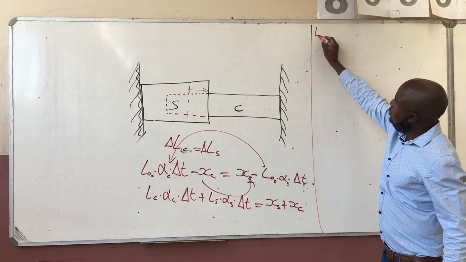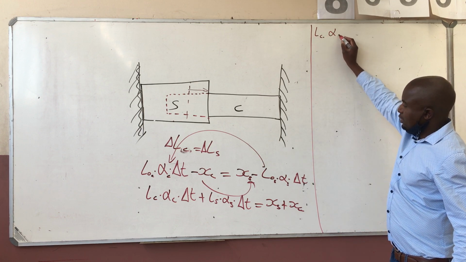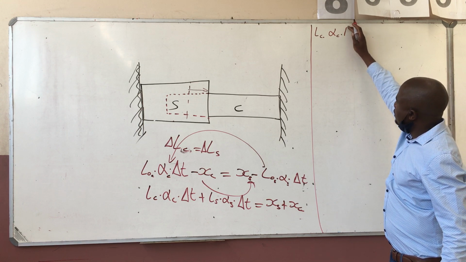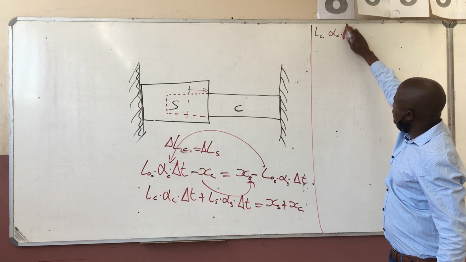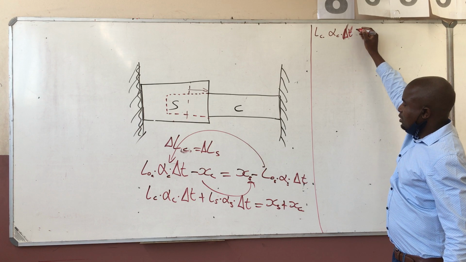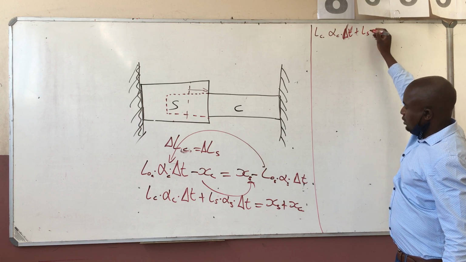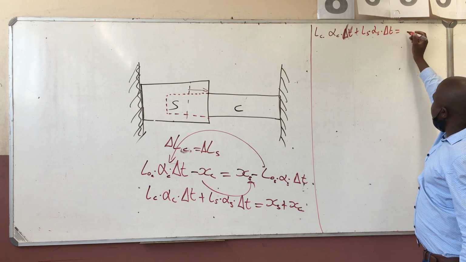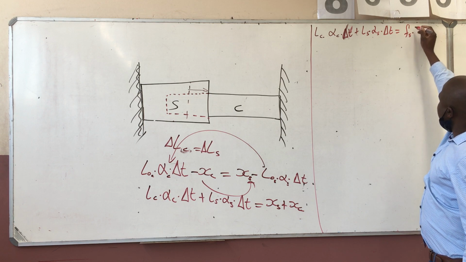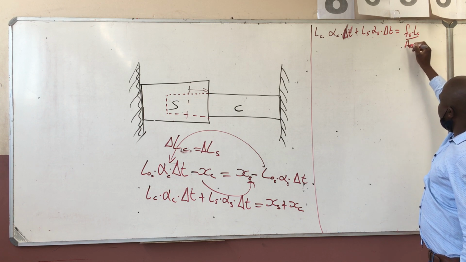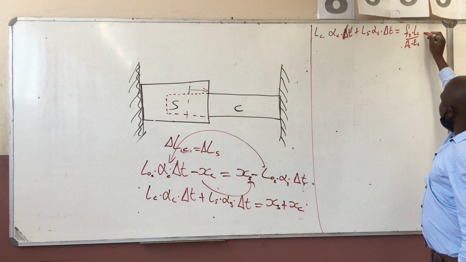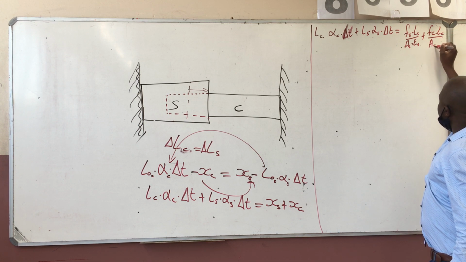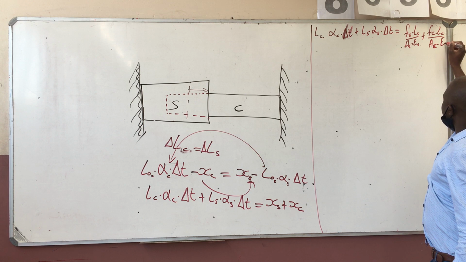We have L copper times copper change in temperature, plus L steel times steel change in temperature, is equal to F steel L steel over A steel times E steel plus F copper L copper over A copper times E copper.